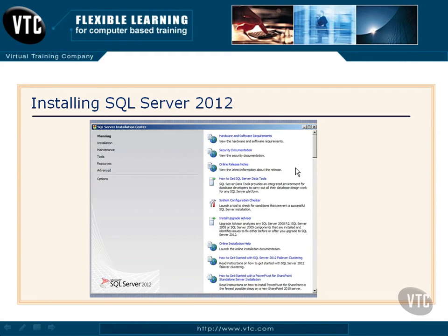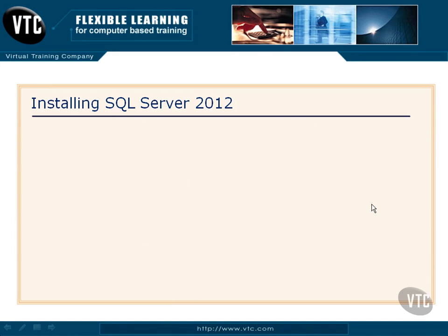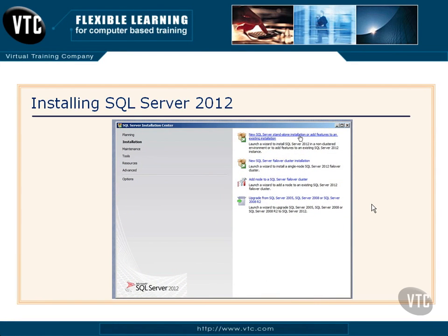And so I've made sure I've checked all of this stuff. I've read everything I want to read here. And so then I would click on installation, and that will bring up this screen, and you'll notice installation is bold, and I have some choices. I can do a new SQL Server standalone installation, or I can add features to an existing installation, and you can see on my mouse a little hand pointer there.